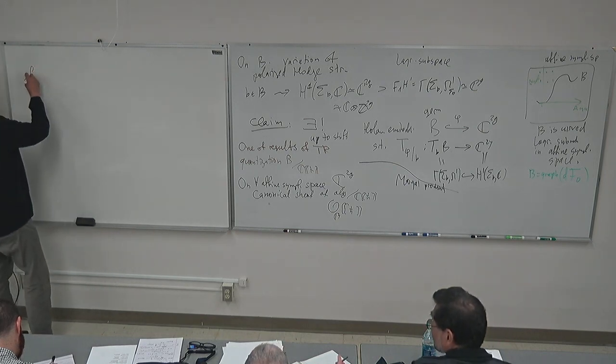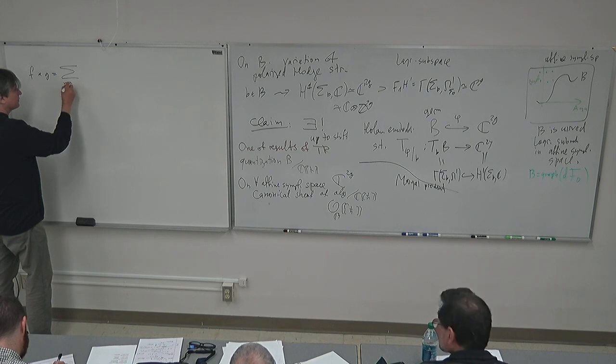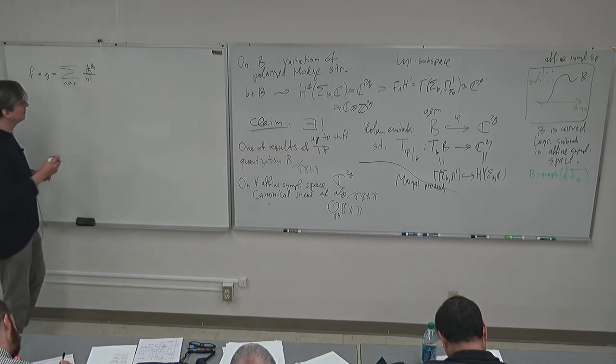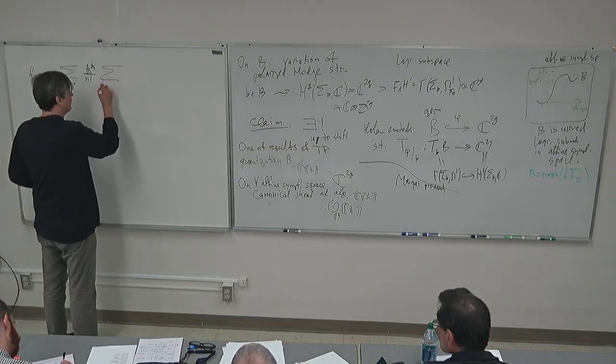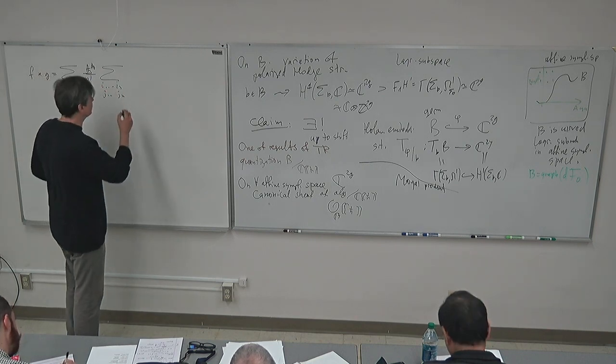You write f star g will be sum over n greater than 0, H bar to power n over n factorial, and we take sum over i1 ... in, j1 ... jn, which are the coordinates in my C2G.